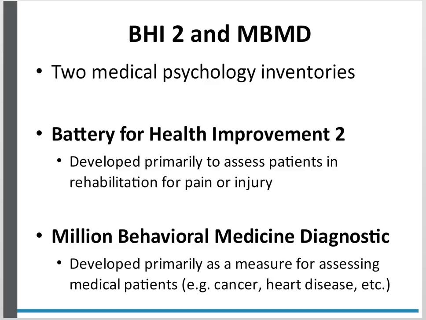The BHI-2 was developed primarily to assess patients in rehabilitation for pain or injury, but it also has community norms for the assessment of health more generally. In contrast, the MBMD was designed primarily as a measure for assessing general medical patients. That includes patients with cancer, heart disease, AIDS, and so on. Sometime afterwards, bariatric norms and chronic pain norms were also obtained. Let's look at these two tests more closely.